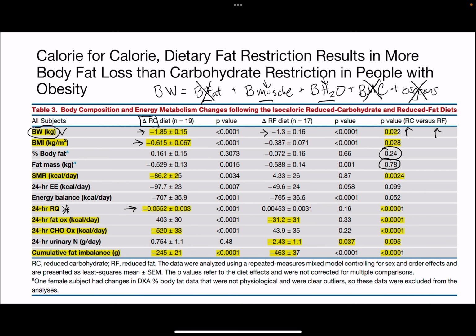We also see that fat oxidation is different.